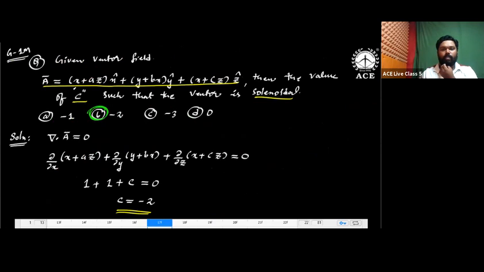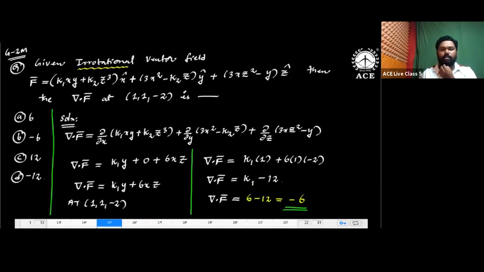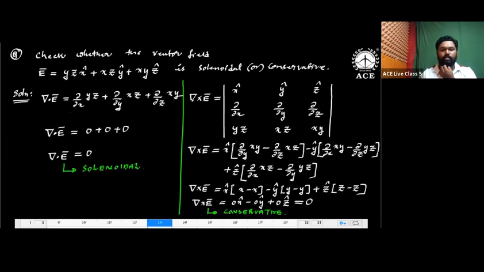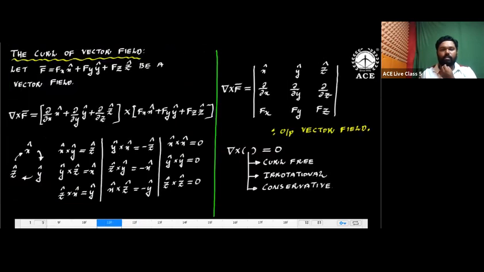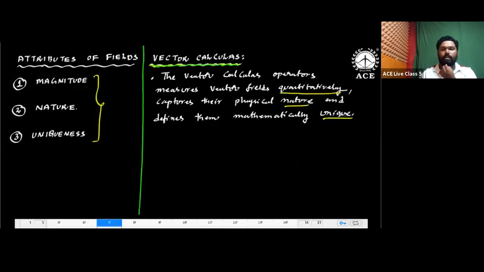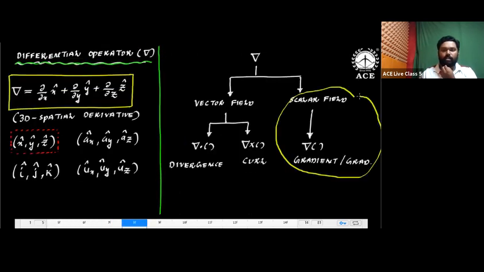Okay. Let us focus on the next operator, called the gradient operator. The operators we have seen were on the vector field. Now let us see one on the scalar field.